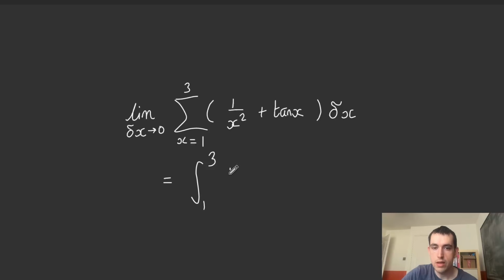We copy what's inside, the algebra or the trigonometry. We copy the x, and the only thing that we don't copy is, rather than doing delta, we do d. As delta x tends towards 0, the delta turns into a d. So the delta Greek letter turns into a letter D in English.